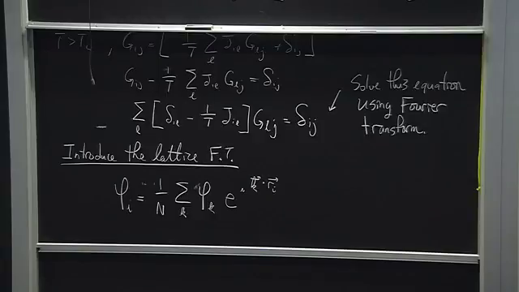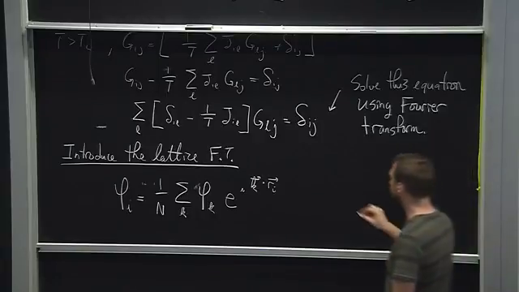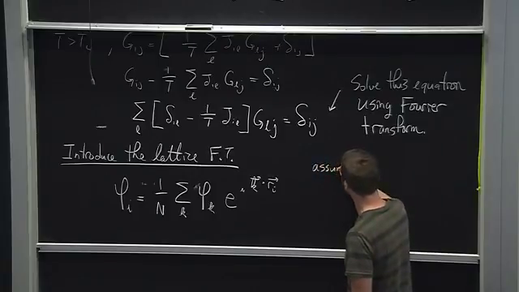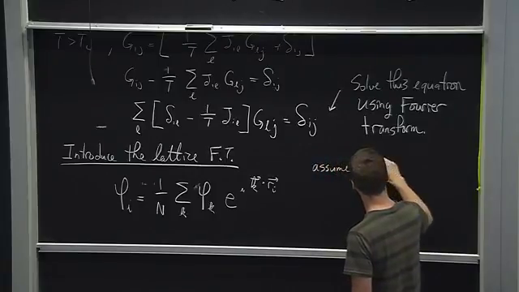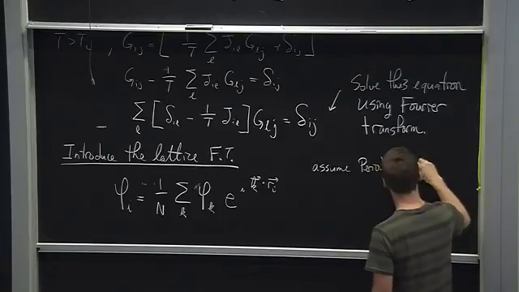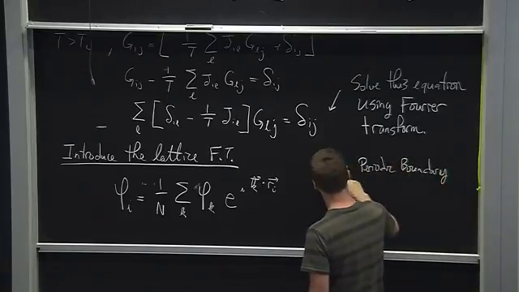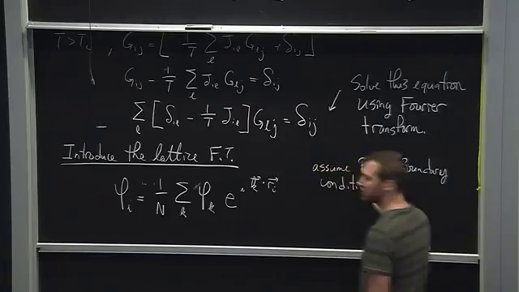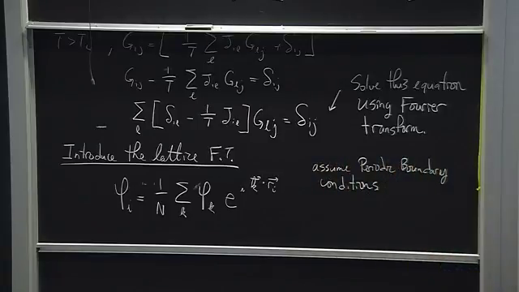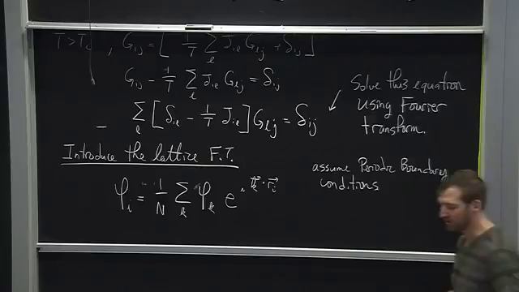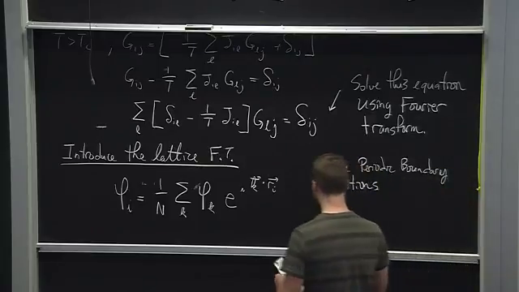And everything's simplified when we assume periodic boundary conditions, which for our purposes means that if you translate the field by the lattice linear size, the field returns to its original configuration.